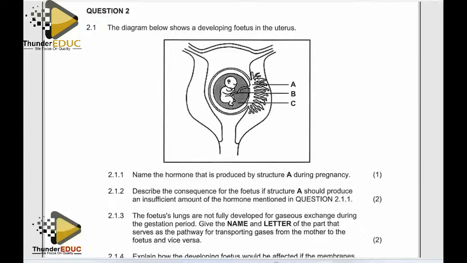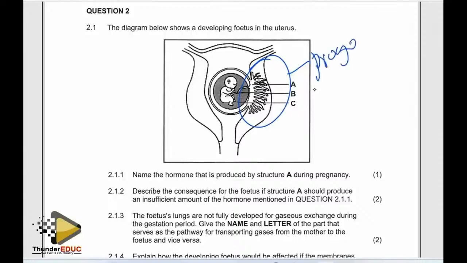When it is above 12 weeks, the corpus luteum will stop producing progesterone, and then this structure starts to produce progesterone. So, name the hormone that is produced by structure A. Definitely, we shall say that hormone is progesterone. Is it clear?